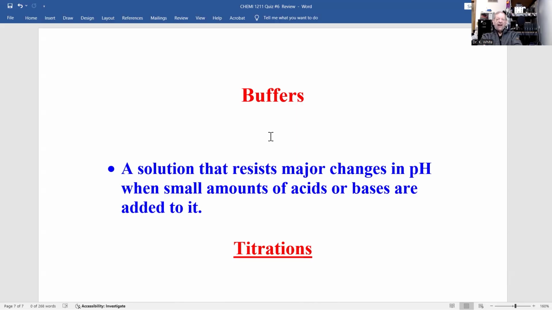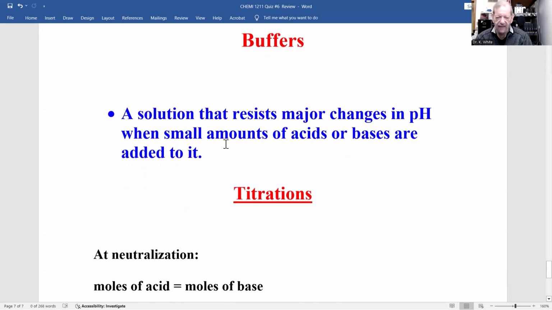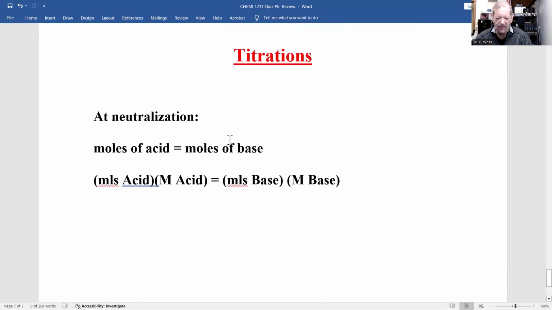Now, the final concept in this review is titrations.